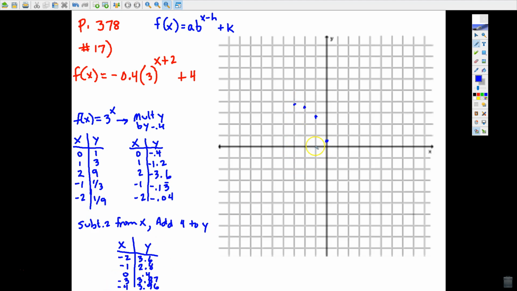Negative 4, and then 3.96, so even closer to 4. A little bit further up than this point, but not quite to 4. Really, really close. Okay, so you can see how it's exponential growth flipped over because of the negative. And we now have a horizontal asymptote. Let me go ahead and sketch this graph. Try to hit the points.